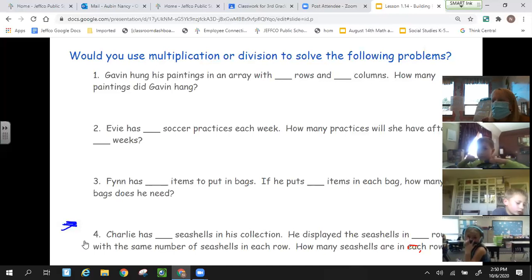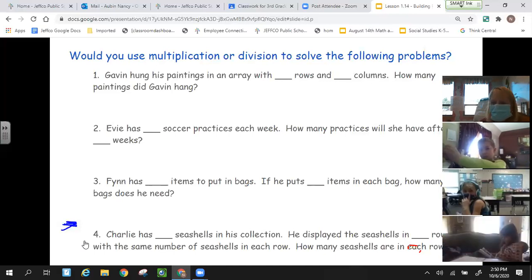Show Mrs. Harrison at home whether you think it's multiplication or division. Stand up if you think it's multiplication. Stand up if you think it's division.